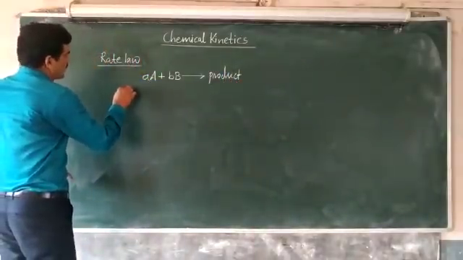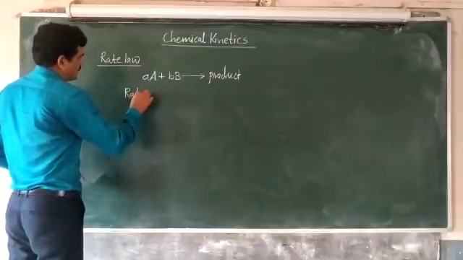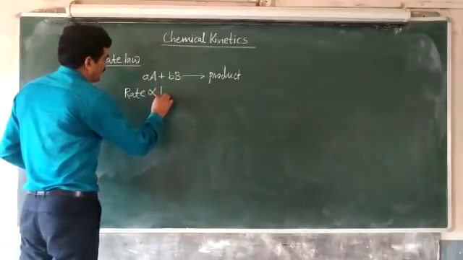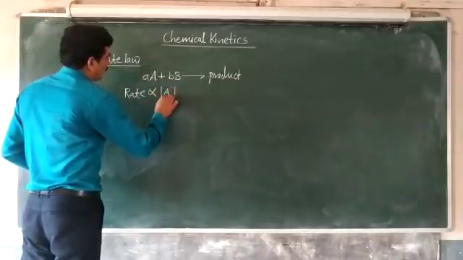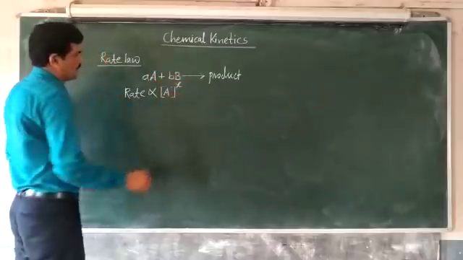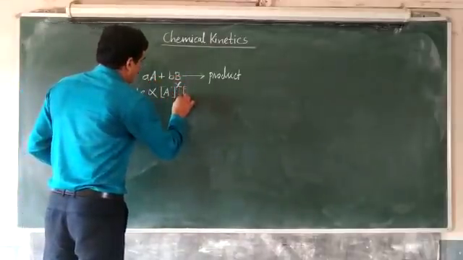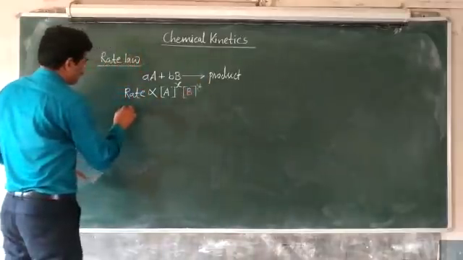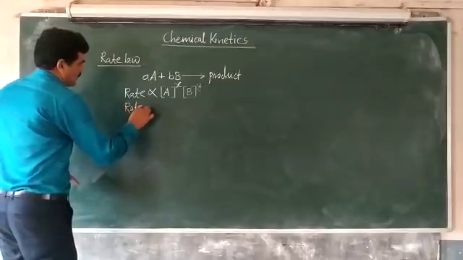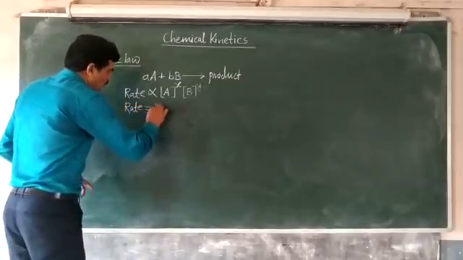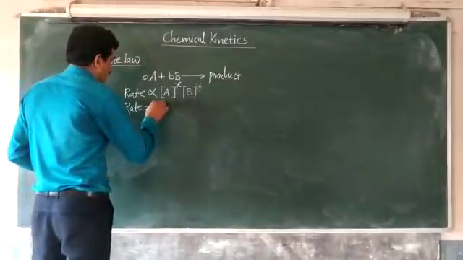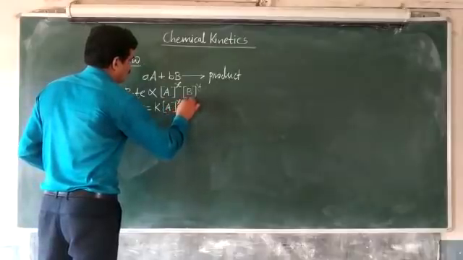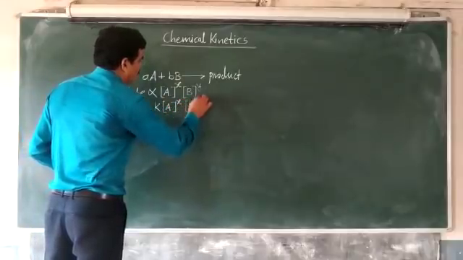The rate law for this reaction is written as: rate is directly proportional to the molar concentration of A raised to power x into the molar concentration of B raised to power y. Further, rate equals k into [A]^x into [B]^y.